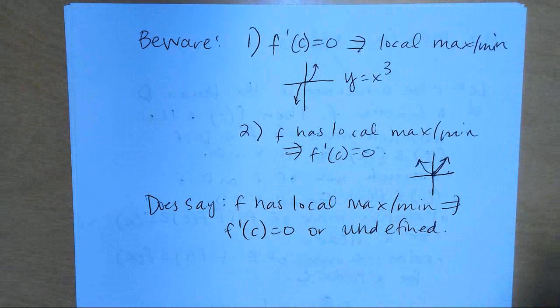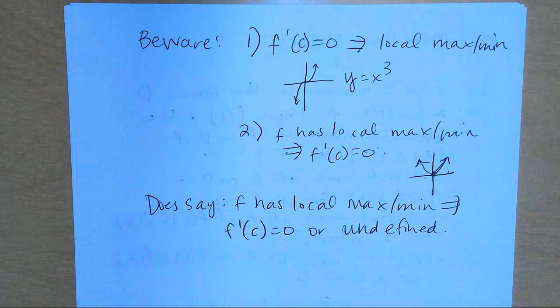And that's actually the contrapositive of the statement. Y'all remember that from geometry? So f has a local max or min implies that the derivative is either going to be 0 or does not exist.